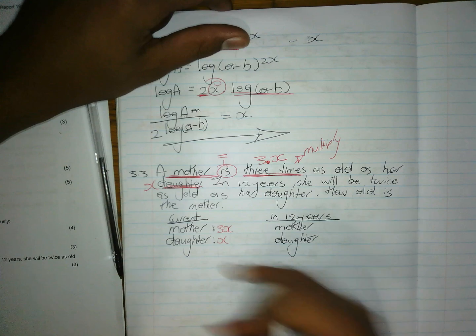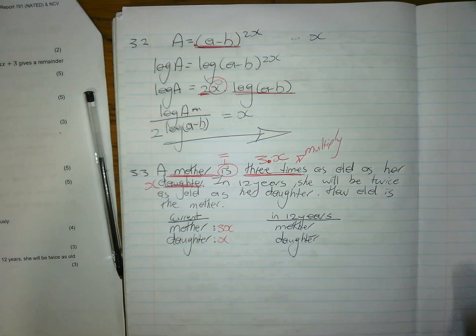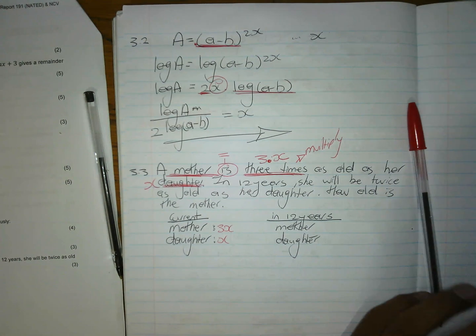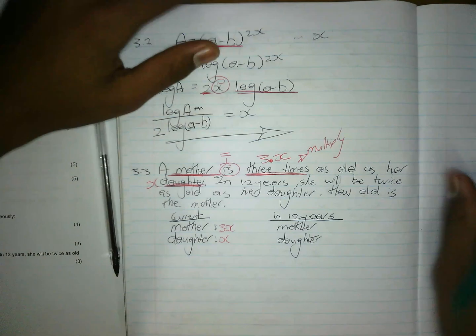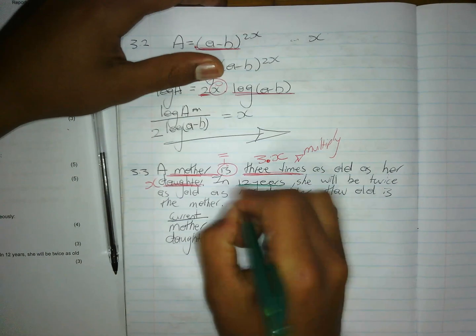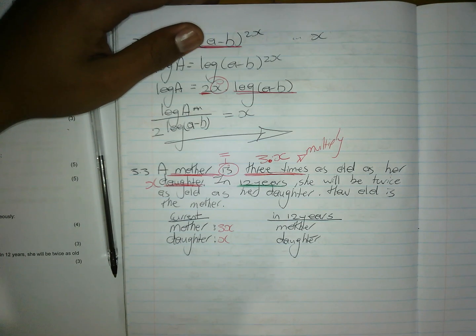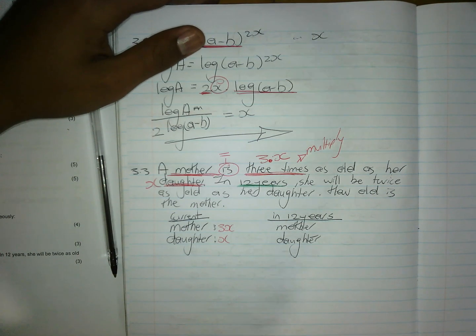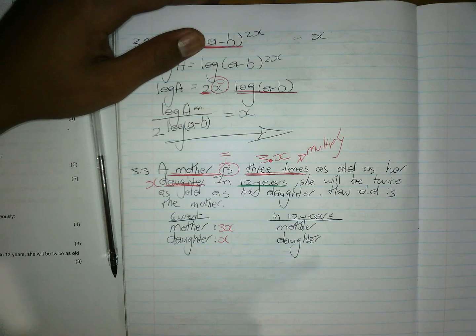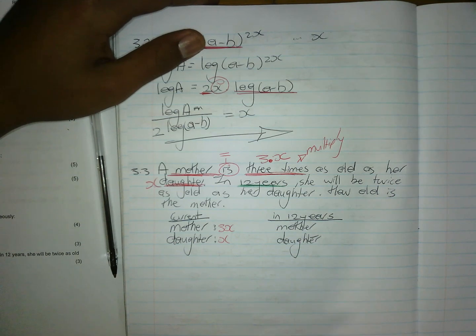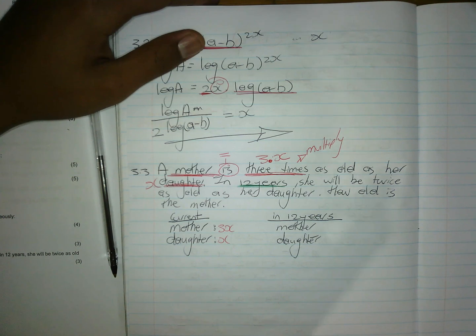Okay, then they say, in 12 years, she will be twice as old as the daughter. How old is the mother? Twice as old.